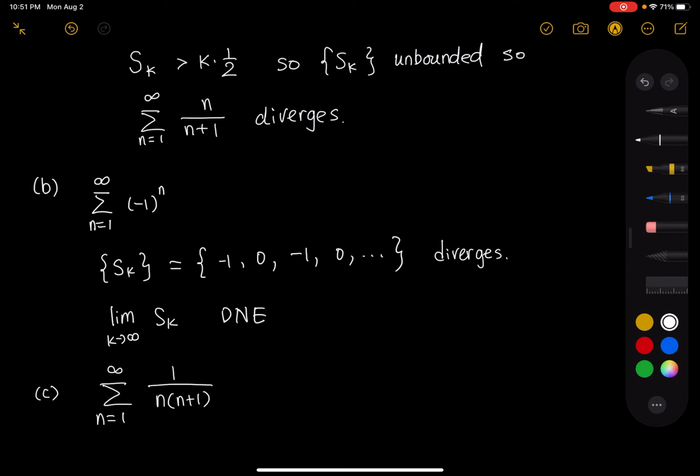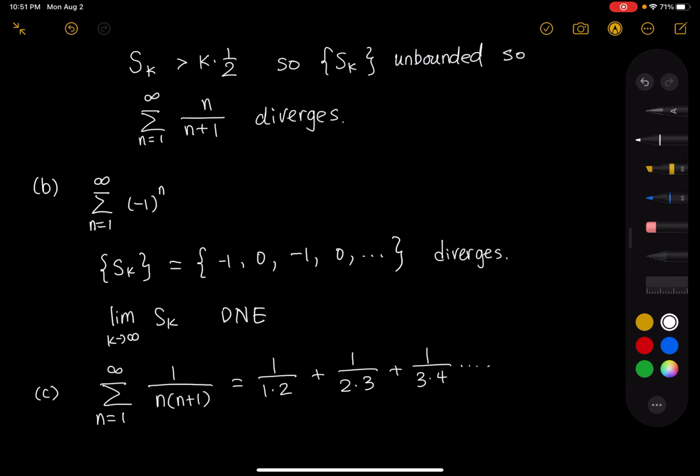But for me, I actually learned about this either in elementary or middle school. If you write out the terms, it's just 1 over 1 times 2 plus 1 over 2 times 3 plus 1 over 3 times 4 and so on.